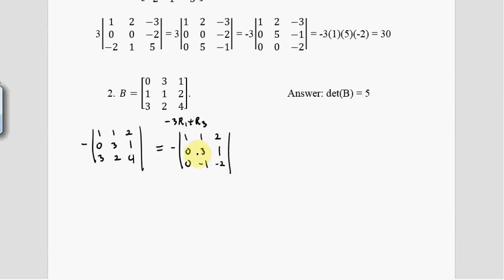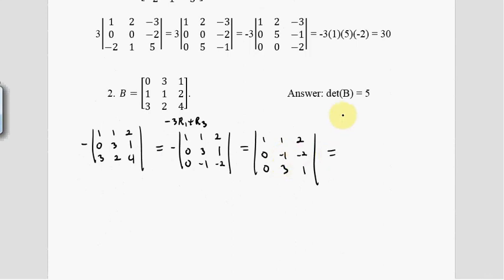Now what I'm going to do is interchange rows 2 and 3. You don't have to, but I'm going to. So that becomes negative 1 times a negative. We'll just put a positive, right? So it becomes negative times that negative. So this is 1, 1, 2, 0, negative 1, negative 2, 0, 3, 1. And then you can use this negative 1 to your advantage to get a 0 here.